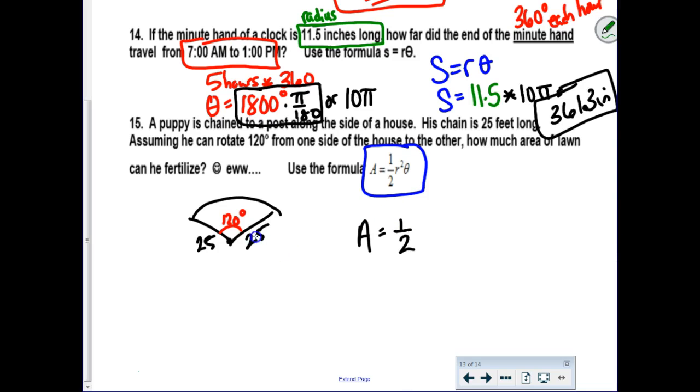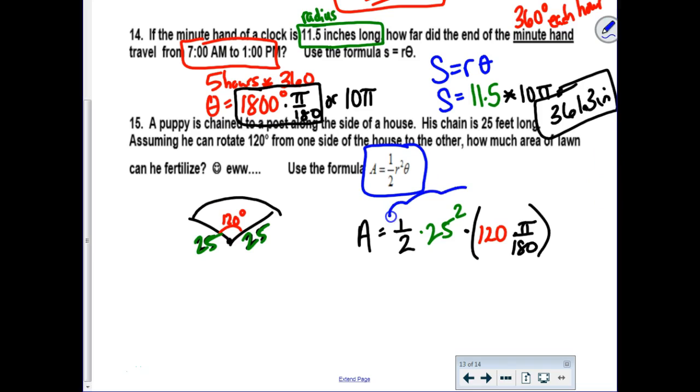So 1/2 times the radius here is 25. So times 25, make sure you square that radius. And then for the angle, this theta thing, you can start with 120, but then you're going to have to remember to multiply it by pi over 180. So that way it gets converted to radians.